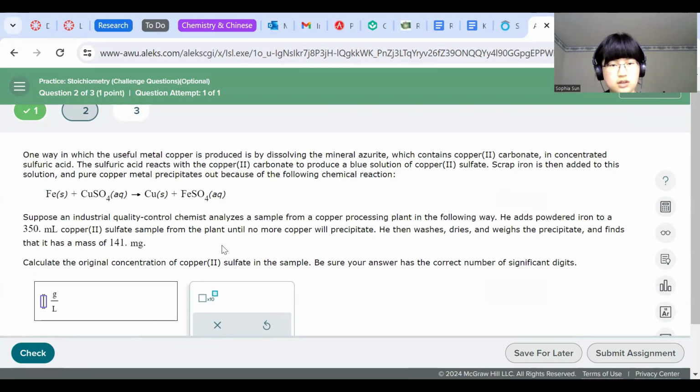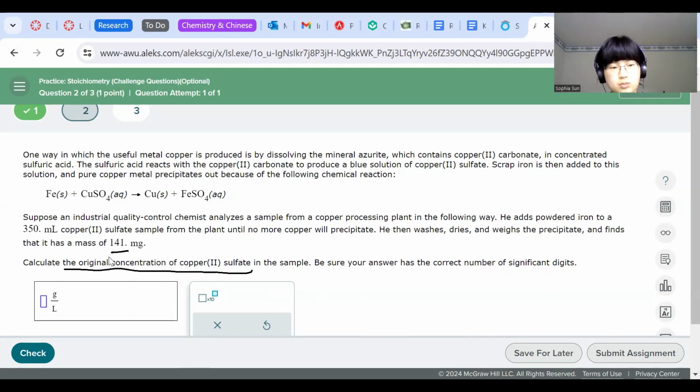So, okay, it's basically asking us the original concentration of copper 2 sulfate, given that 141 milligrams of the copper precipitate were found, and 350 milliliters of copper 2 sulfate were used, with the other quantities being unknown. So this reaction involves a backwards approach.